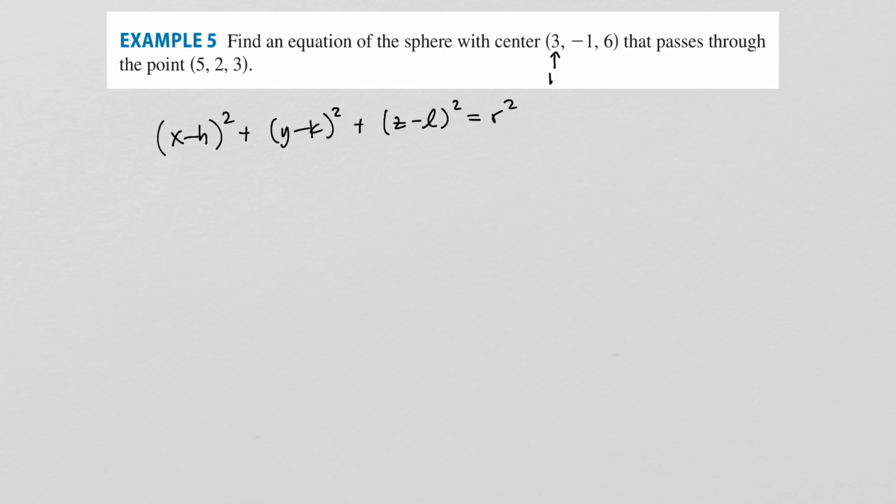And these are the values of h, k, and l, because that corresponds to the center. And so this becomes x minus 3 squared plus y minus -1 squared plus z minus 6 squared is equal to r squared.